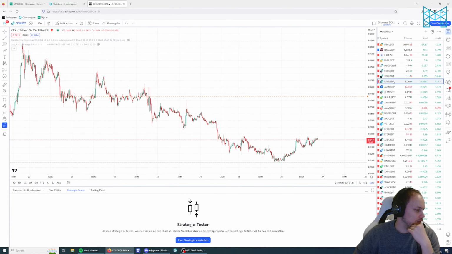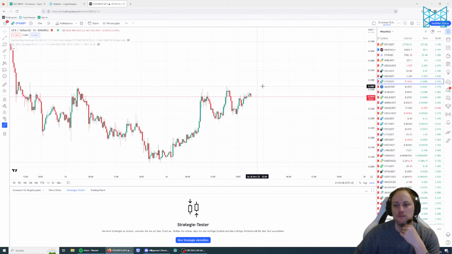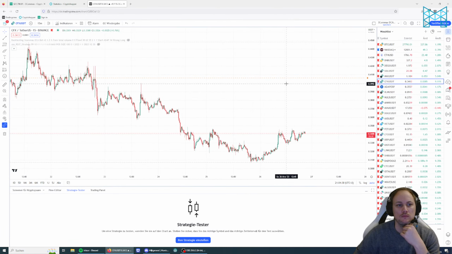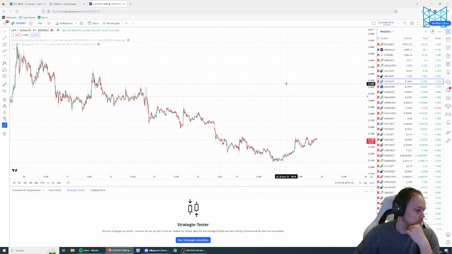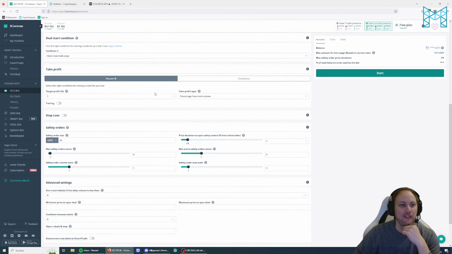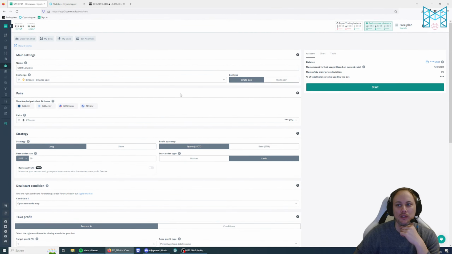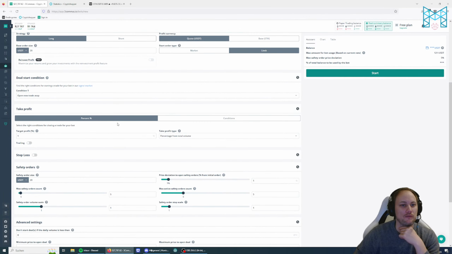Have you ever used 3Commas? Basically, here's the overview of 3Commas, all the settings you have for a DCA bot.